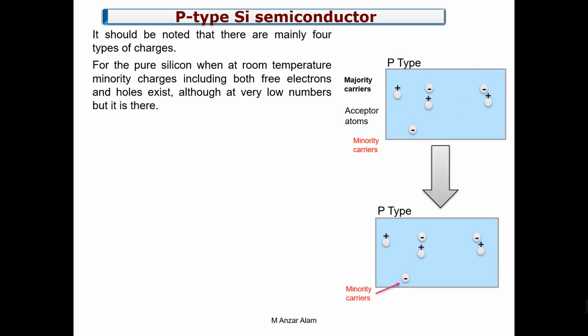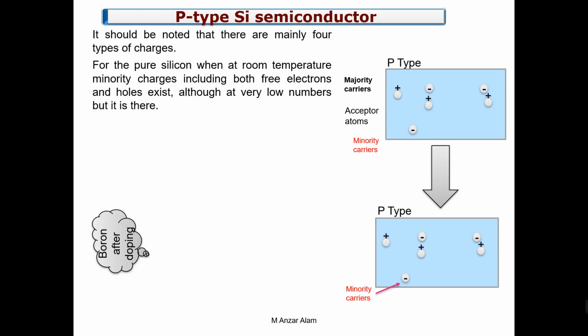If you transform this one, the p-type material will have holes as majority charges, and it also has this free electron, which will be known as the minority charge. So try to understand the difference between the minority charges and the majority charges, due to the thermal effect and due to the doping.